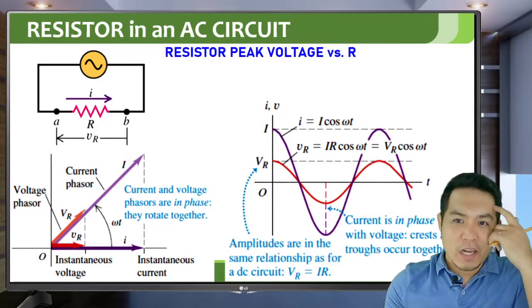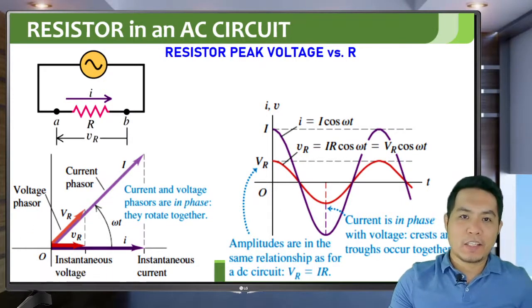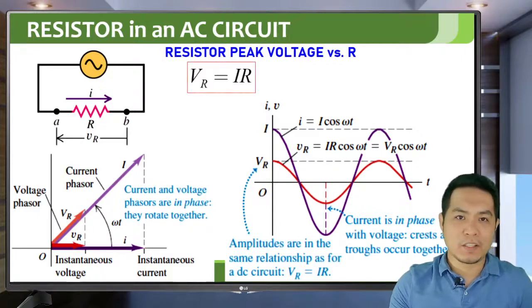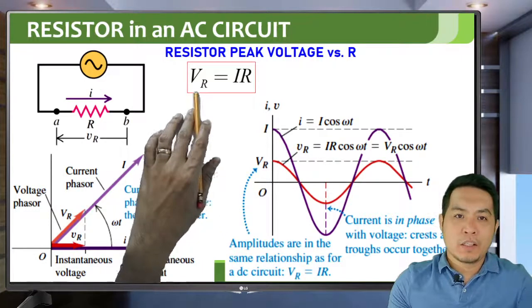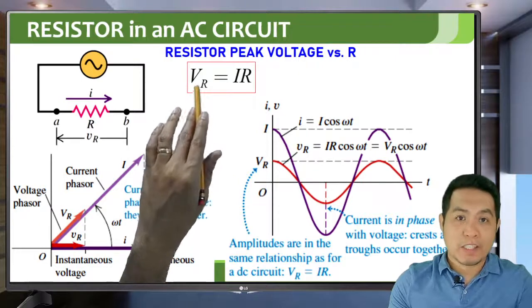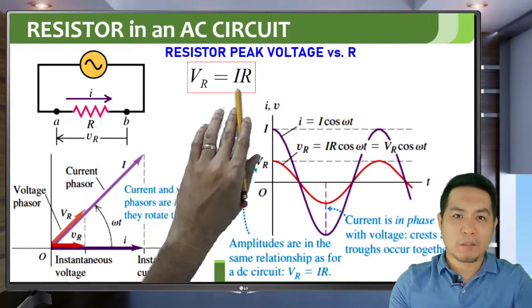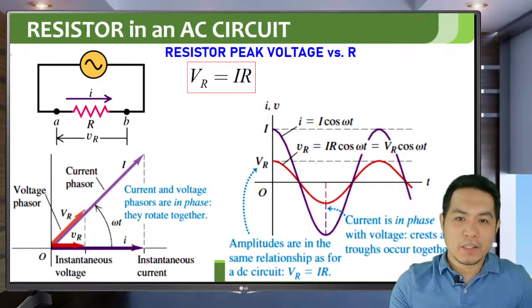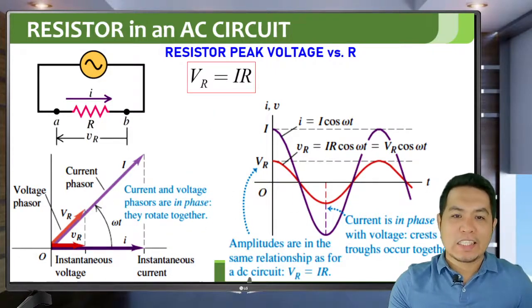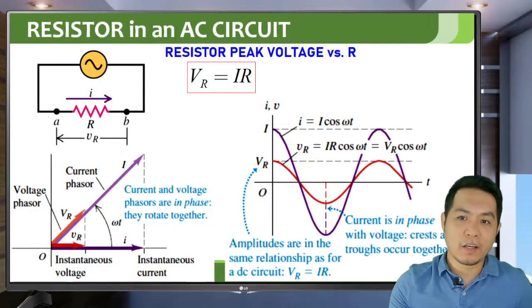So I will just summarize the relationship between the peak voltage, or the voltage amplitude, and the resistance. The peak voltage is just equal to the current amplitude times R. It's similar to the DC version, Ohm's law, V equals I times R.